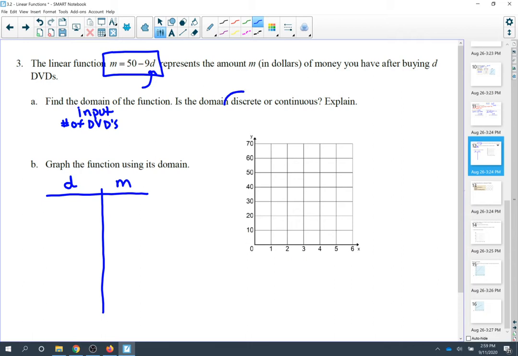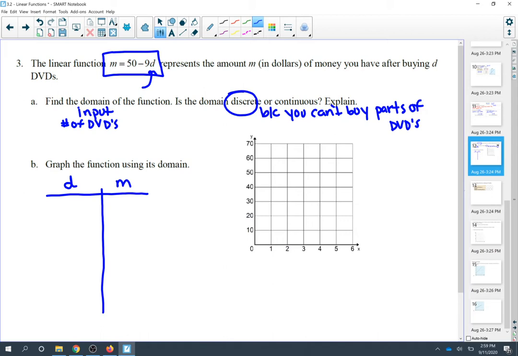So this is going to be discrete, because you can't buy parts of DVDs. You have to buy them in whole number increments. You can buy 0, 1, 2, 3, etc.